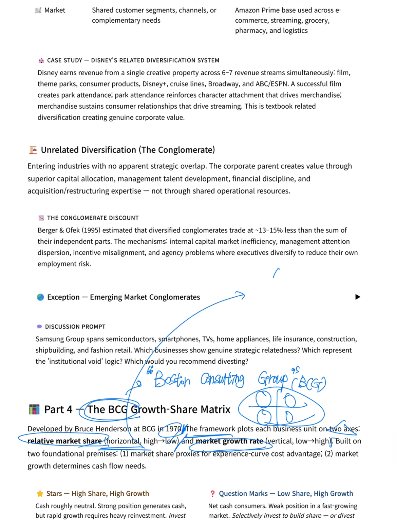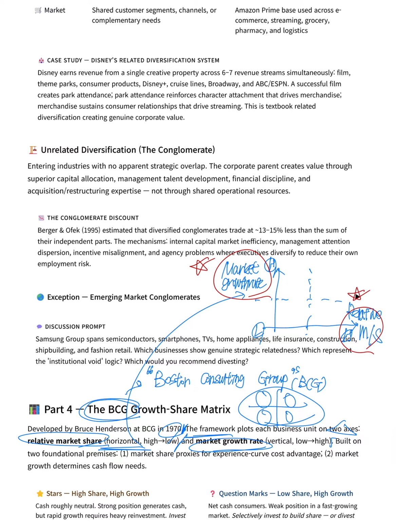So the horizontal, normally the x-axis, is relative market share, and the y-axis is market growth rate, high and low, making a 2 by 2 matrix. This is quite basic but important.